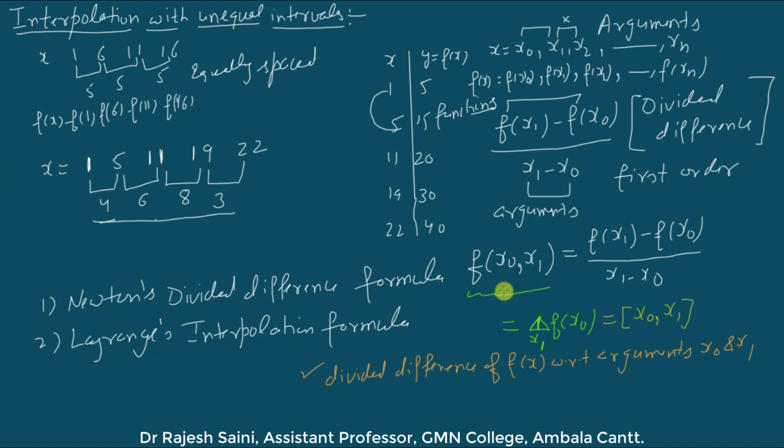So this thing can be denoted by three notations. First is this one, second is this one, and third is this one. In every case you will read it as the divided difference of f(x) with respect to the arguments x0, x1. In every case you will read it the same, but it has three notations, and in your proof or anywhere you can use any of these notations. So I have put before you all three notations, and it is up to you which notation you want to use.